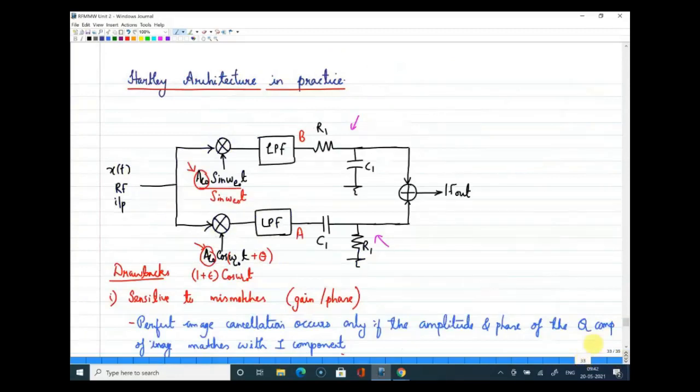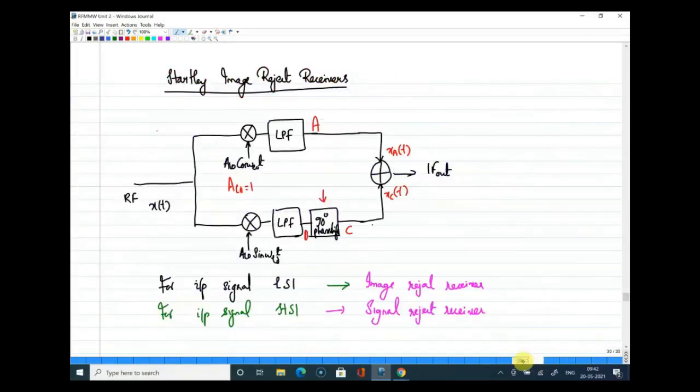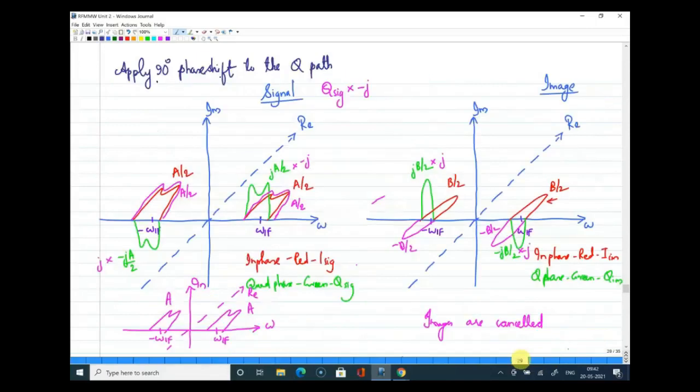The reason we are considering this is that the whole Hartley architecture relies on the cancellation of the image happening in this fashion, right? If you have A and exactly minus A, the problem is solved. But if it is not, the difference will actually retain some image over there.